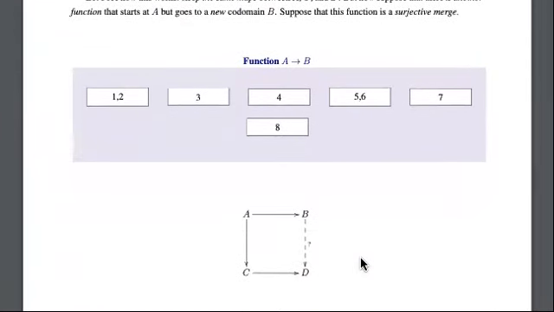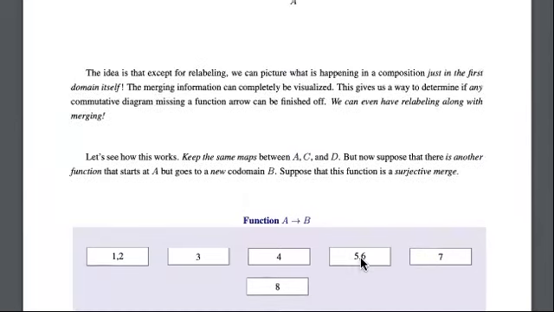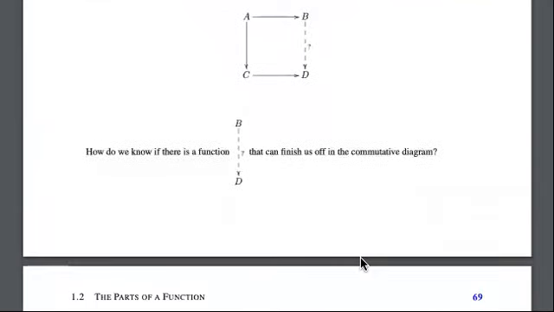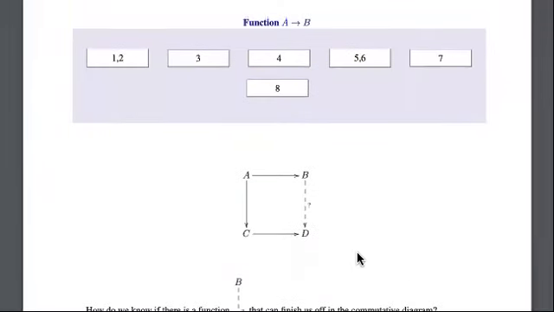So let's suppose, for instance, that we have another setup here. Let's take a function that goes from A to B, and let's suppose that it's given by these fibers, this fiber box diagram here.